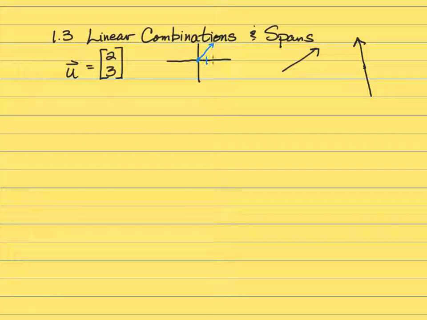Well, there's going to be a correspondence between the point where it ends, 2, 3, and the components of the vector. So we can talk about the vector 2, 3 as given right here, and we can think of it graphically as this right here. And so you'll get to see that in the first part of this section, and hopefully it'll all make sense.